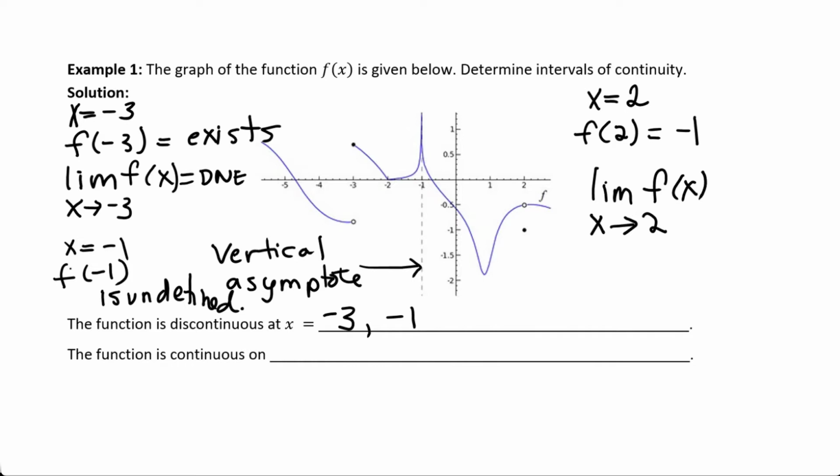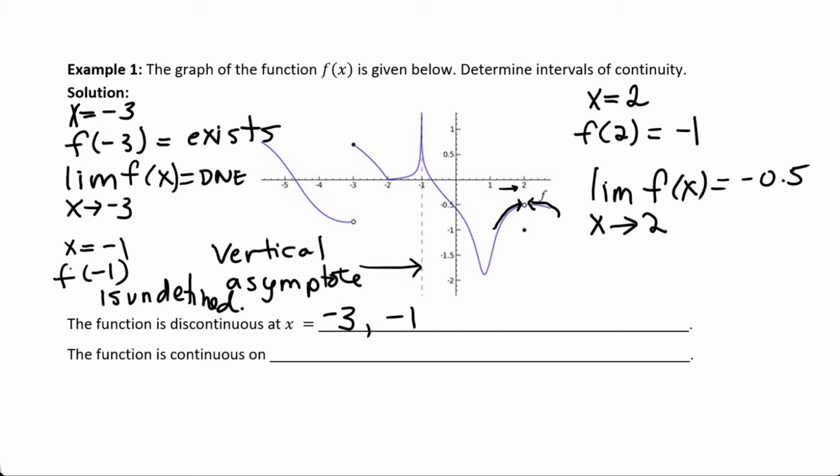We note that as you get closer and closer to 2, the graph from the left-hand side and from the right-hand side approaches -0.5. So the first two parts of the definition of continuity are satisfied. That is, the function exists and the limit exists.